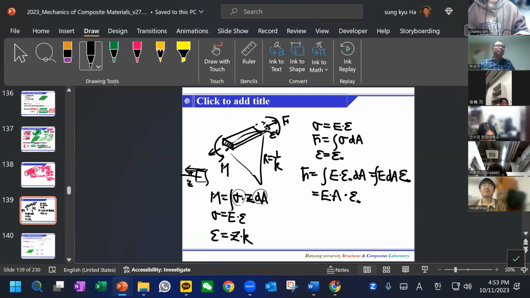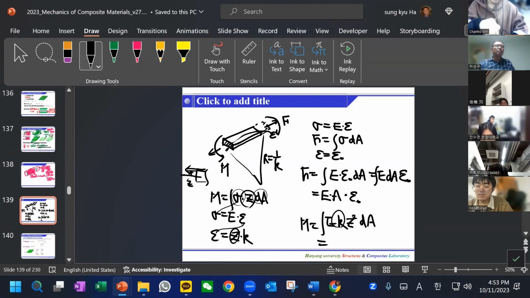So we have this. So this M, we put them together for here and here. Then moment will be E epsilon and Z k, the curvature here, and we have one Z here, and there's another Z here, so Z square and dA. Now the curvature is constant.